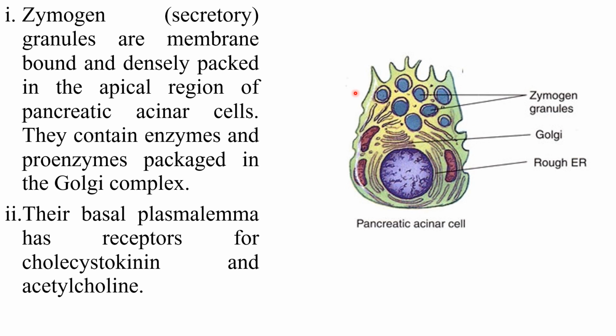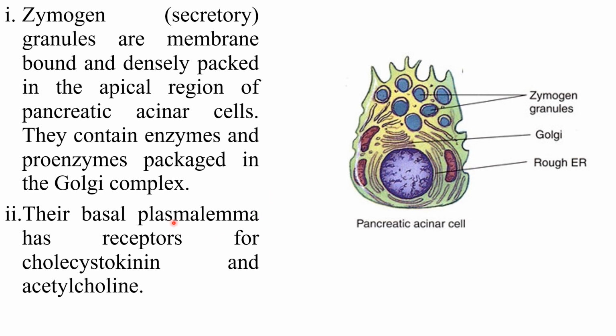The rough endoplasmic reticulum synthesizes and secretes these enzymes and proenzymes, which are packed by the Golgi complexes, and these are vesicle-like structures called zymogen granules, which are membrane bound, densely packed and situated at the apical region of the acinar cells.